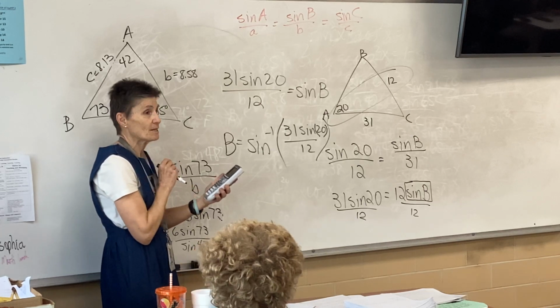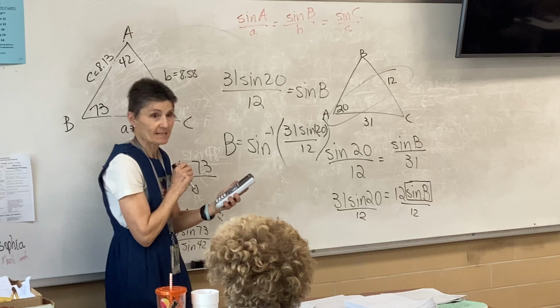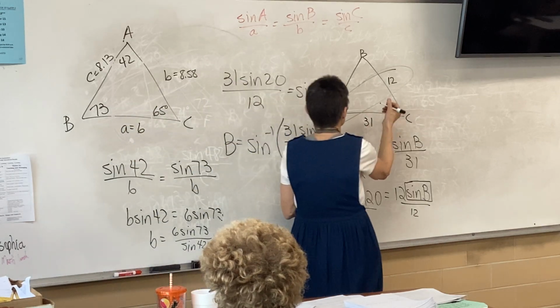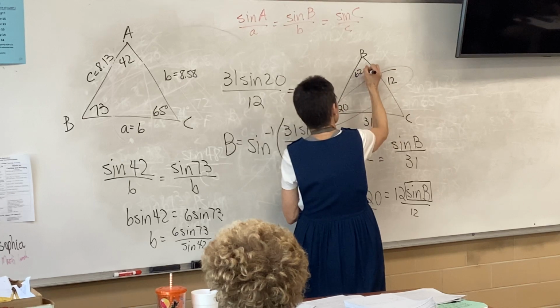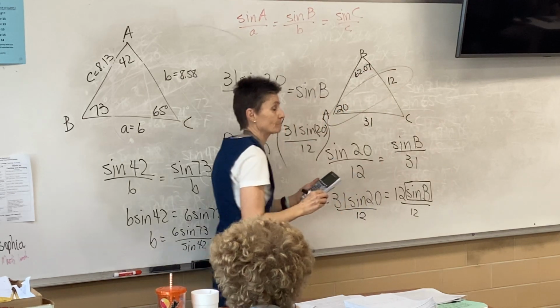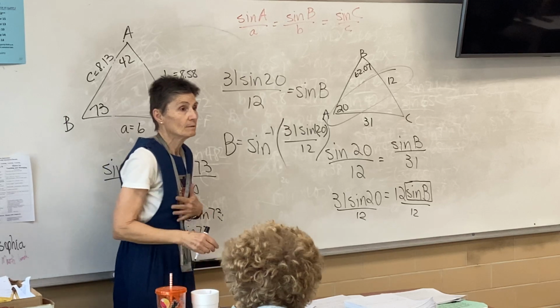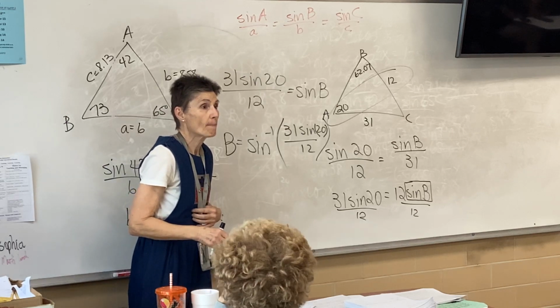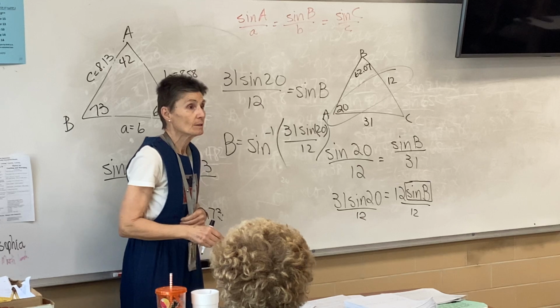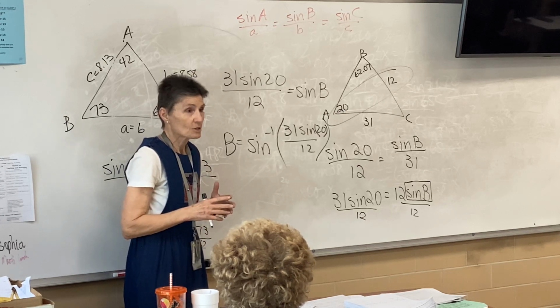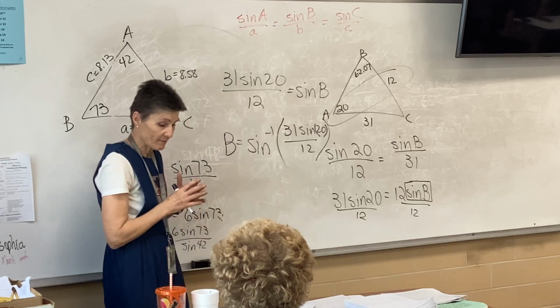What did you get as your answer? 62.07. Can you round up, or is it just 62.0? I think we're always going to be rounding to the hundredths, so we're going to say 62.07, yeah.